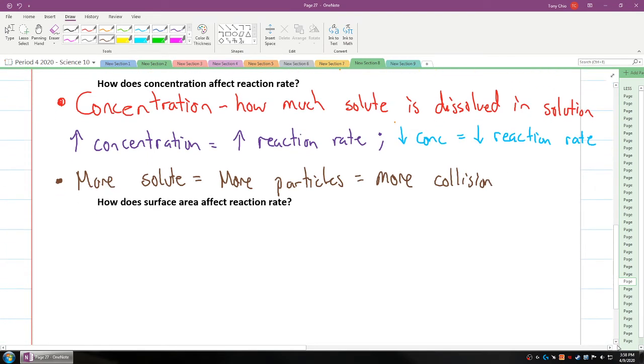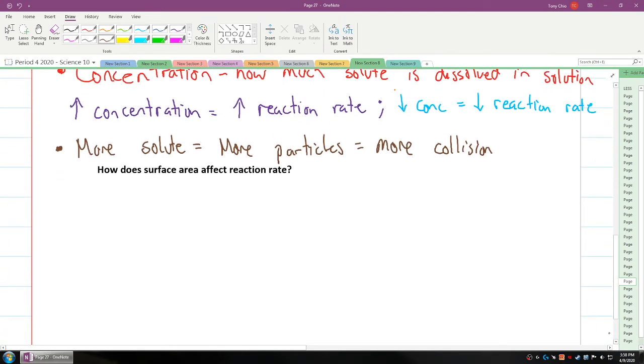Now the second to last one is, how does surface area affect reaction rate? Surface area is how much area some three-dimensional object has. Let's say, for example, you have a cube. This is my best attempt at drawing a cube.